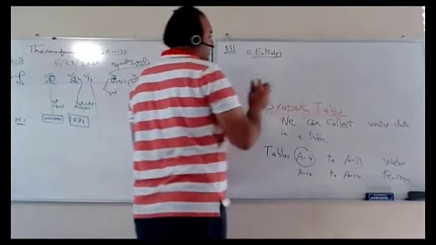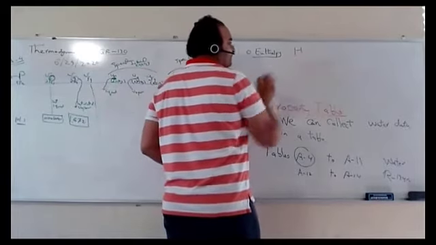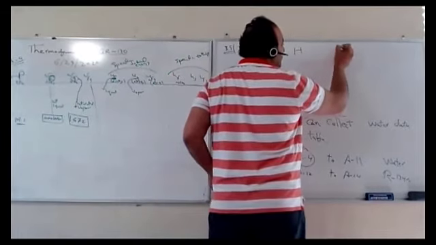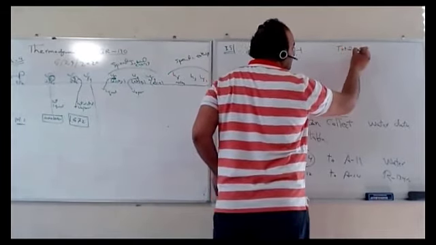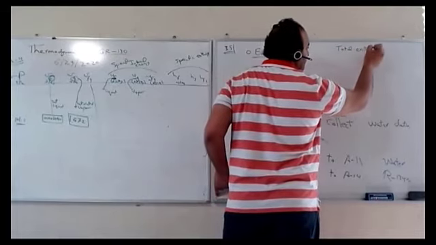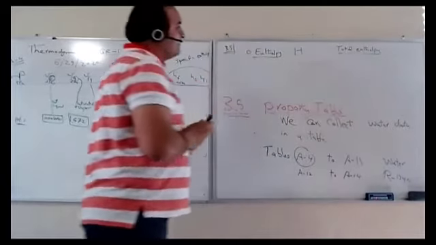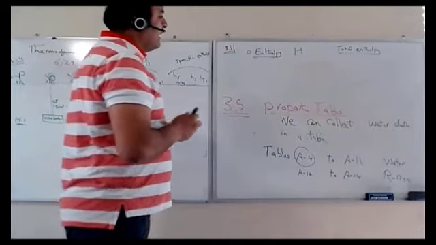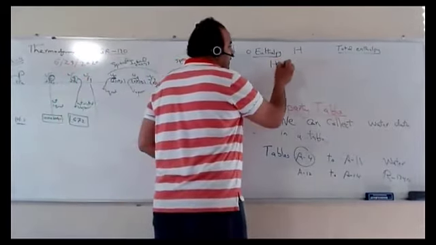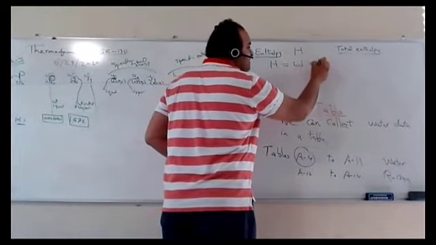It's energy. We use letter H. Sometimes you call it total enthalpy. It's H equal U plus PV.